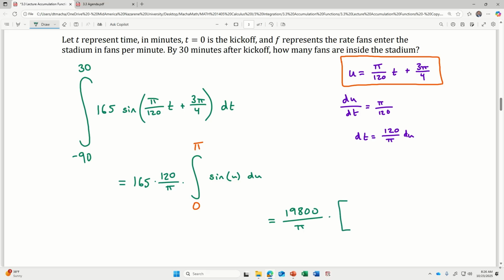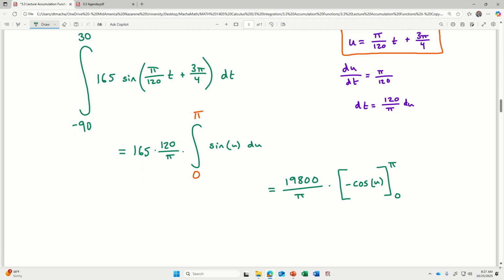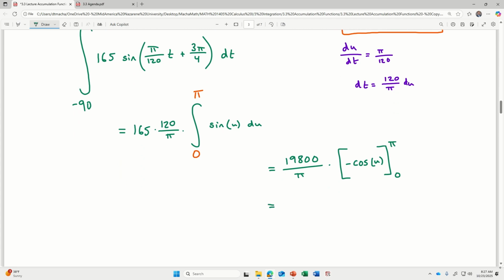And then what's the antiderivative of sine? Cosine? Nope. Negative cosine? There you go. The antiderivative of sine is negative cosine. And then we're going to plug in pi, plug in 0, and subtract. So what's cosine of pi?